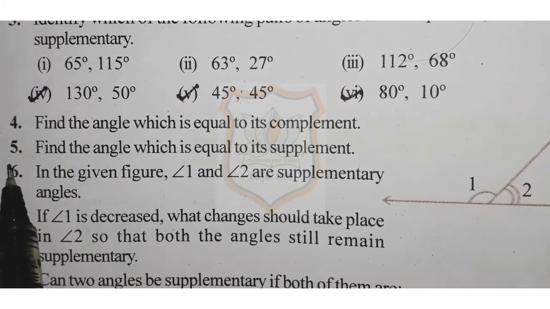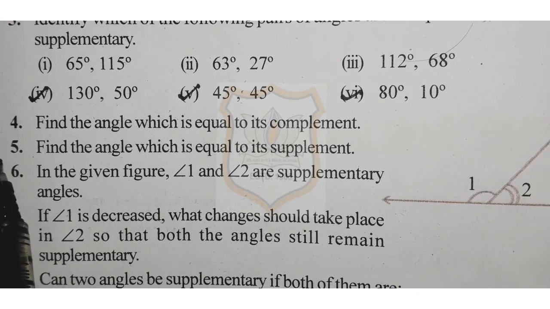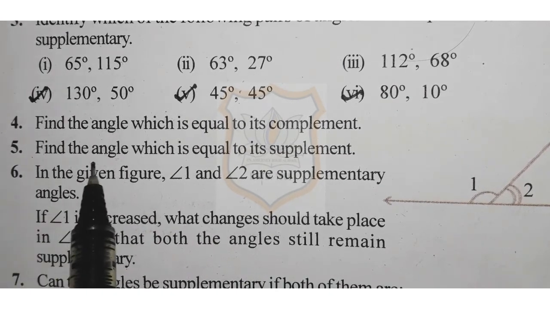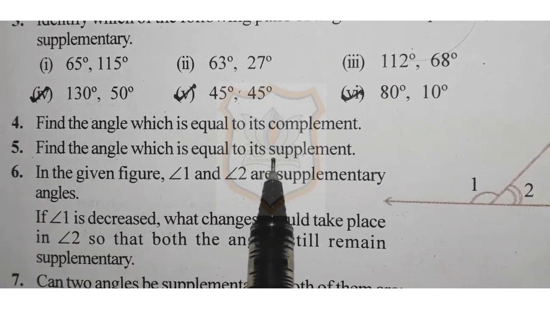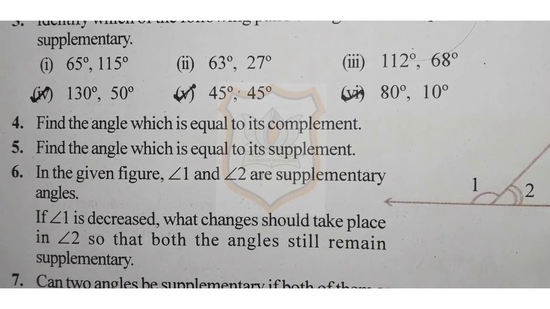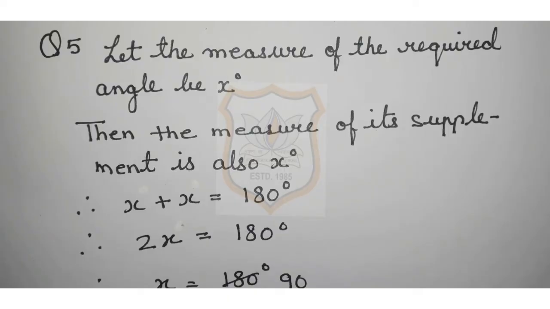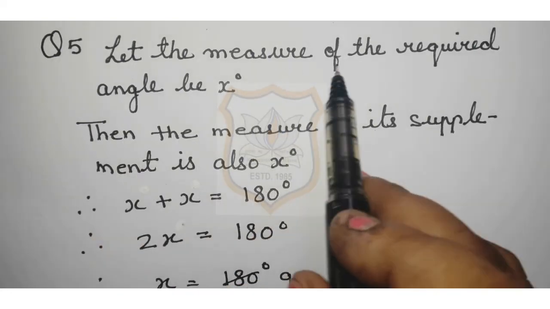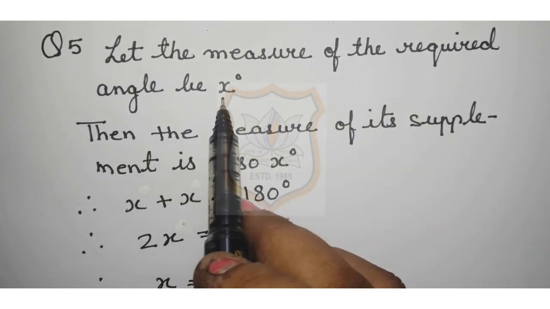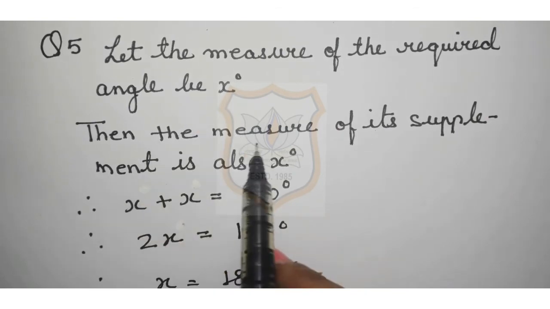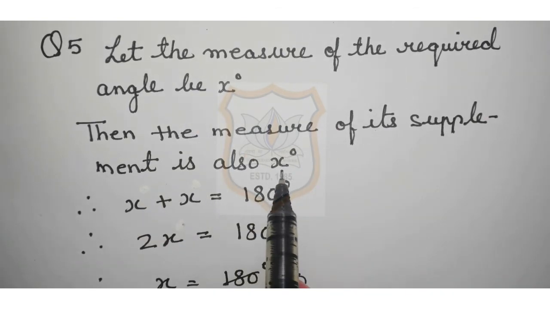Now we will solve question number 5 of exercise 5.1, and that is: find the angle which is equal to its supplement. Let the measure of the required angle be x degree. Then the measure of its supplement is also x degree. Why?